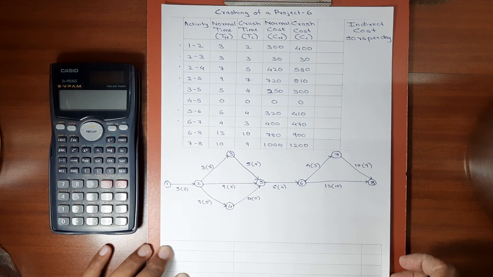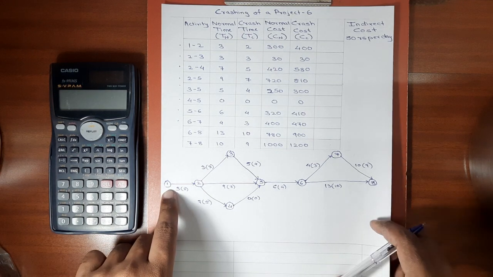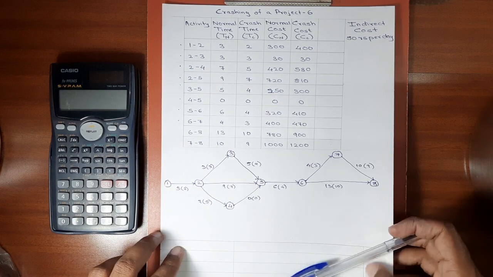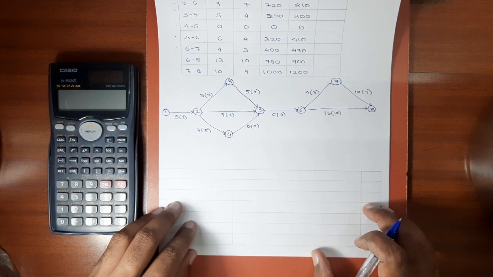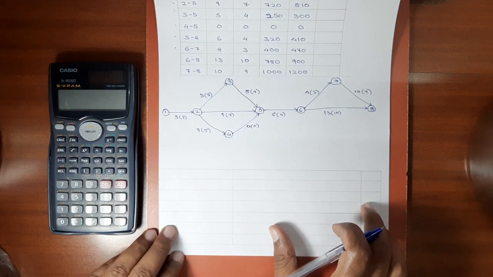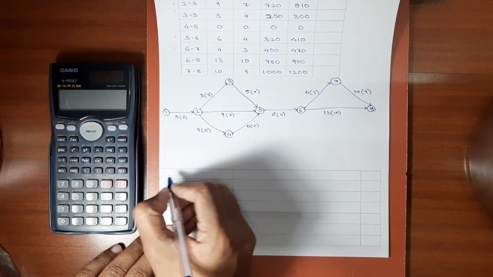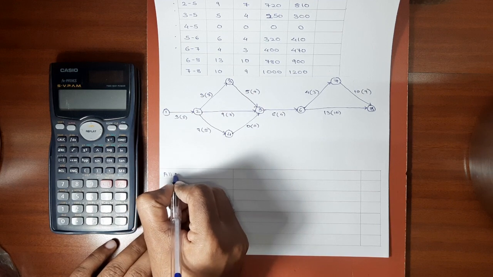To do that, first we'll be listing out all the possible paths from first activity to last activity. So let's proceed. I'll just write it over here, all possible paths.